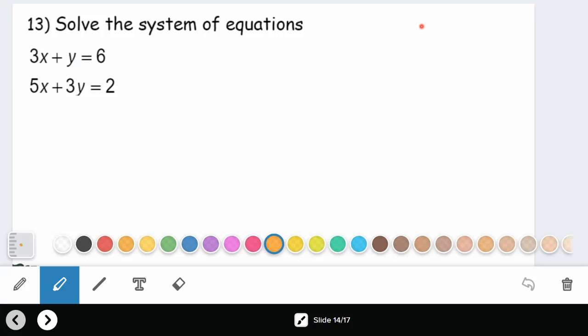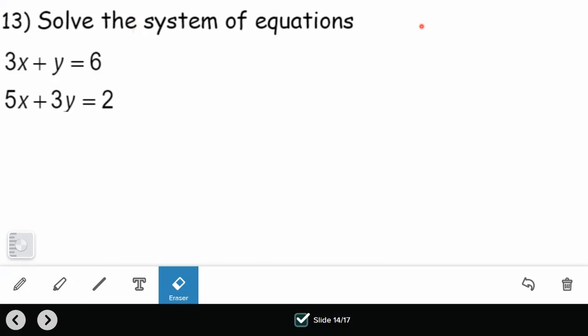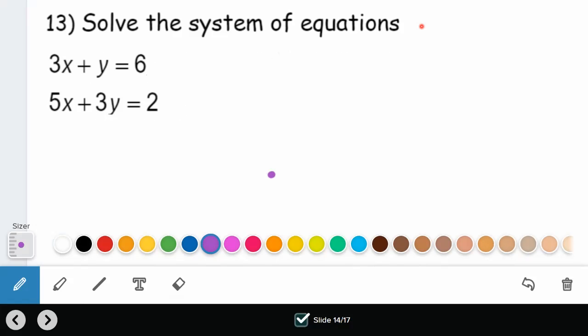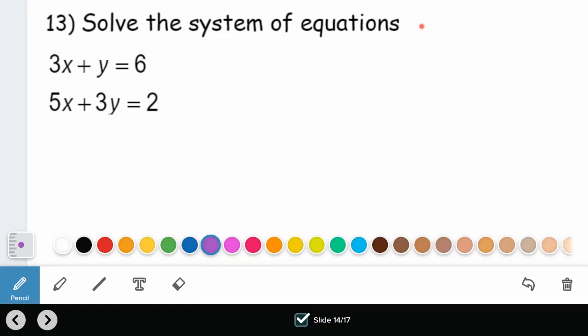Okay, this one is a system of equations. We want to try to either eliminate our x or y. I would use elimination for this. Looking at this, I think it would be easiest for us to multiply the top one by a -3.